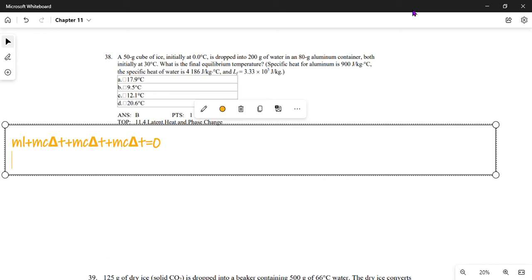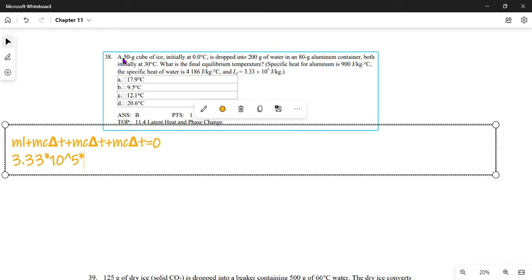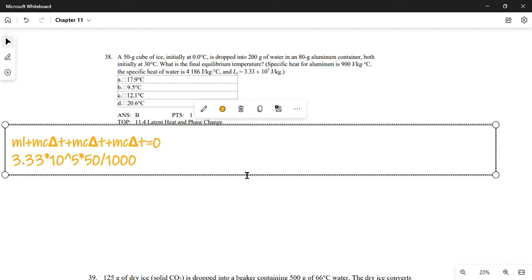LF of the ice is 3.33 times 10 to the power 5 times the mass of the ice. The mass of the ice here is 50, 50 over 1000 to convert it to kilogram, as LF here is in the unit joule per kilogram, and the specific heat capacity of water is in the unit joule per kilogram. So we have to convert from gram to kilogram.